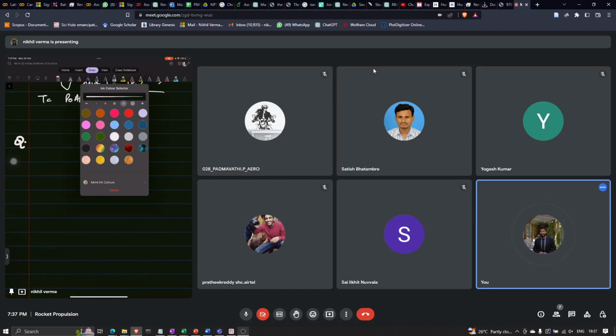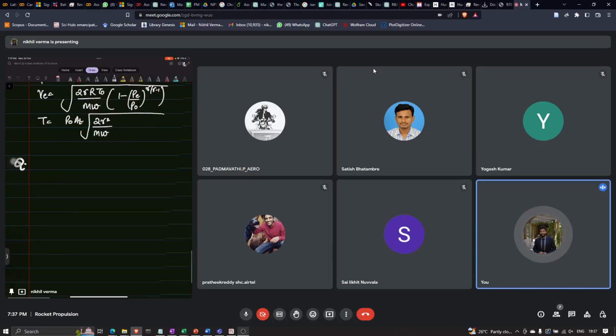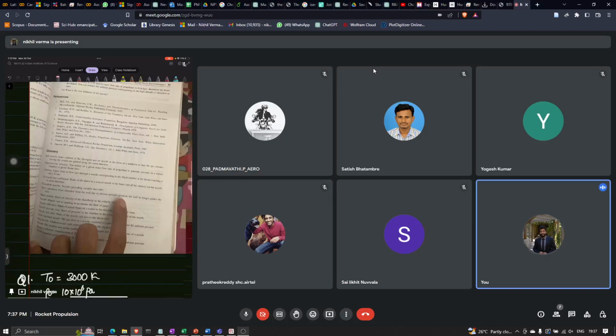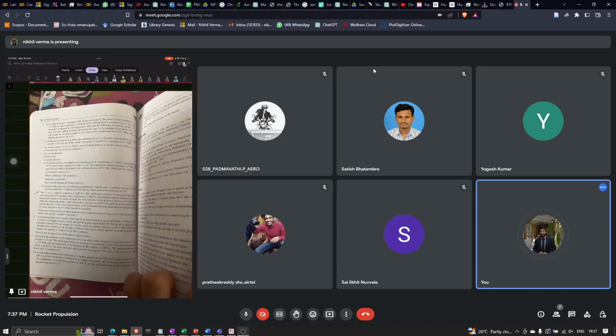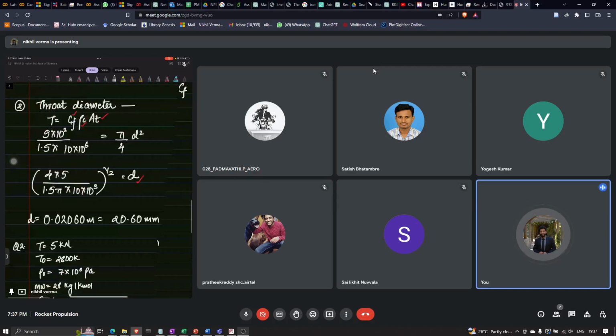Okay, so basically, C star is given for a rocket.